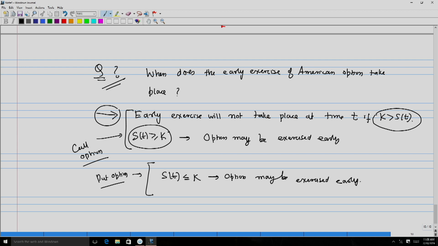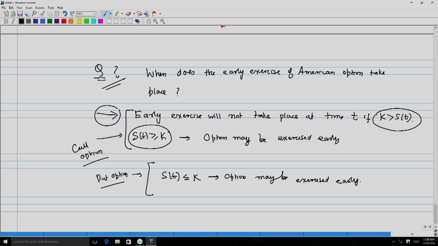This means that if your K is greater than S of t and it is an American call option, you definitely know that the exercise will not take place. However, if S of t is greater than or equal to K, then the owner has a reason to consider exercise, but may decide not to exercise and hold on to the option for a future time point.